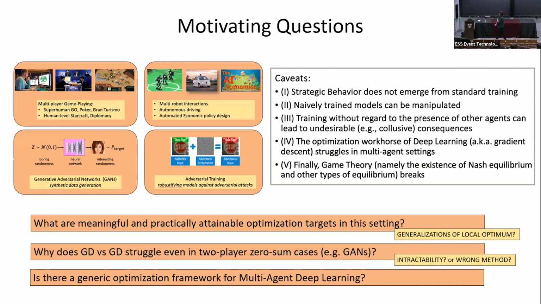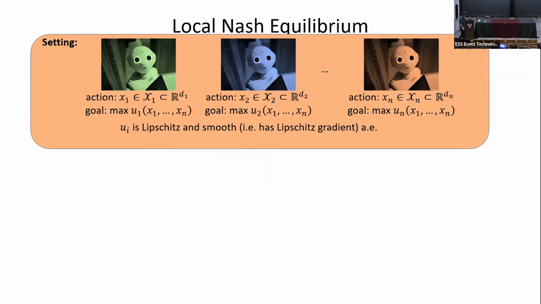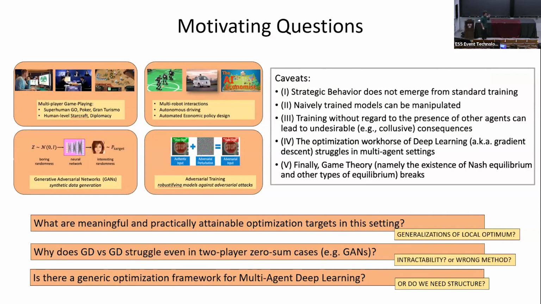The second one is, is there some underlying intractability, or is it just that gradient descent is not the right notion in this setting? And the last one is, can I get this generic setting, or do I need to have domain expertise about the application that I'm targeting? So these are some of the questions. Let's see how much of that we can address in this talk.